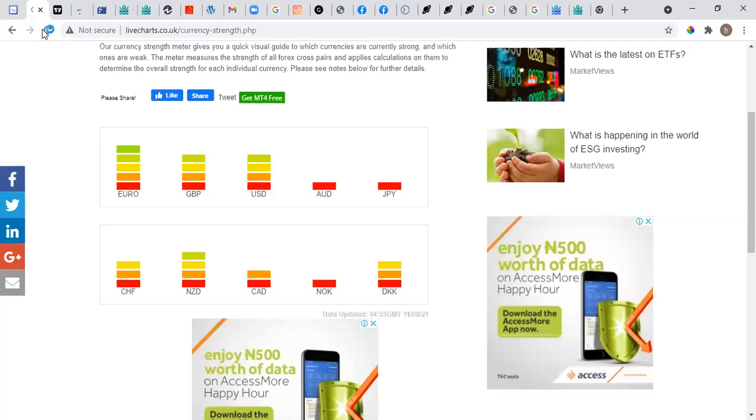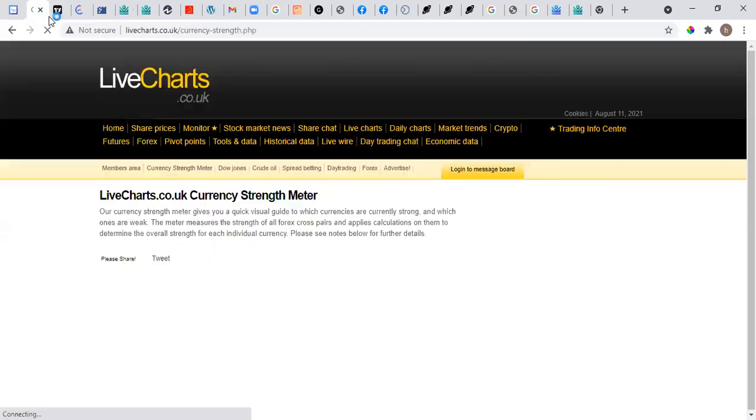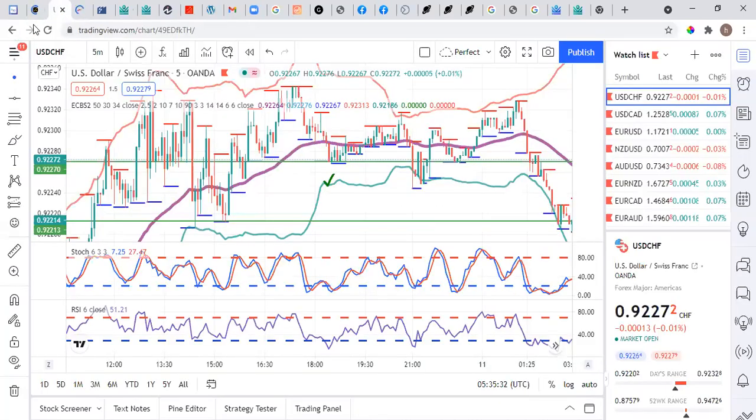So let me check. Let me get an update on the currency strength. I'm going to allow this to load so that I will know the currency to trade.